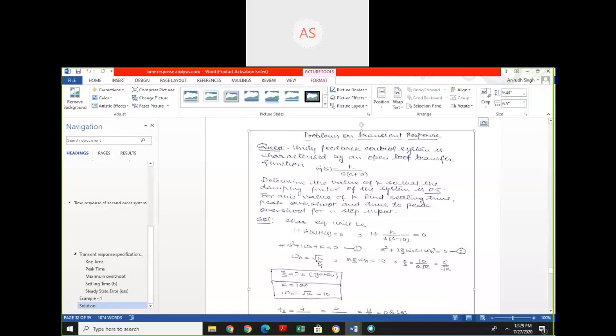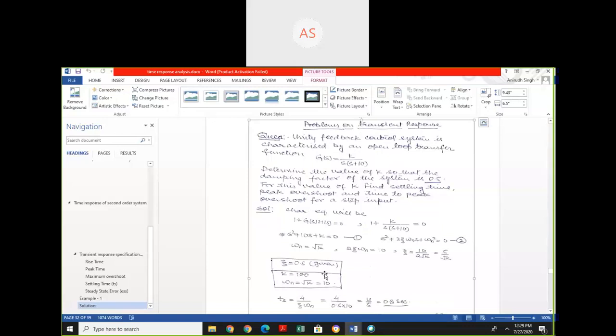Omega n is under root K and 2 zeta omega n is equal to 10, and substituting the value of omega n you get the value of zeta. But in the question the value of zeta is given, and if you substitute the value of zeta in this equation, you will get the value of K, which is 100, and if K is 100, then omega n, which is equal to under root K, is 10.